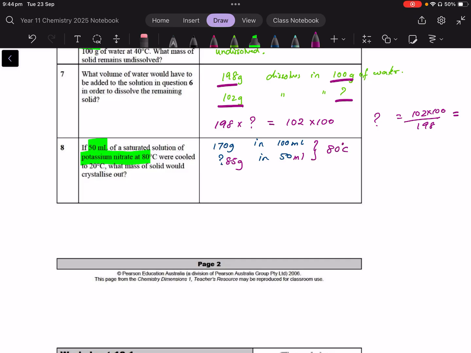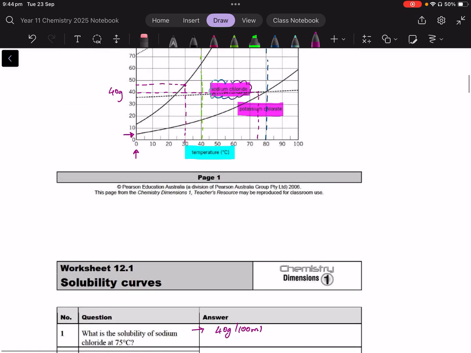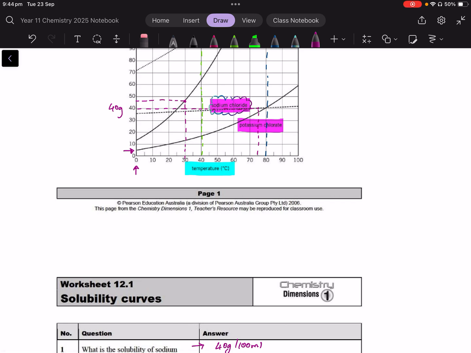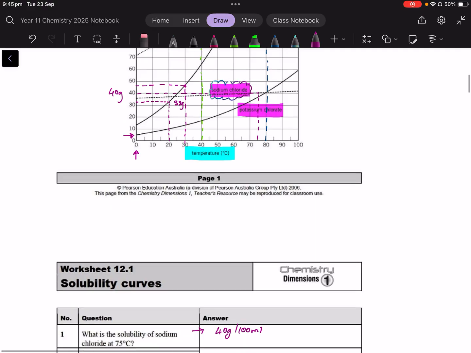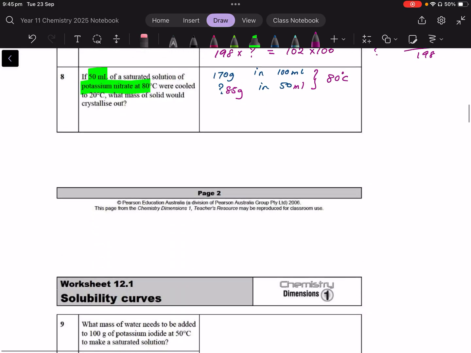What do I have at 20 degrees? When I look at the graph again, at 20 degrees, potassium nitrate is showing me about 32 grams solubility in 100 mils. So 32 grams in 100 milliliters, so 16 grams in 50 milliliters at 20 degrees.